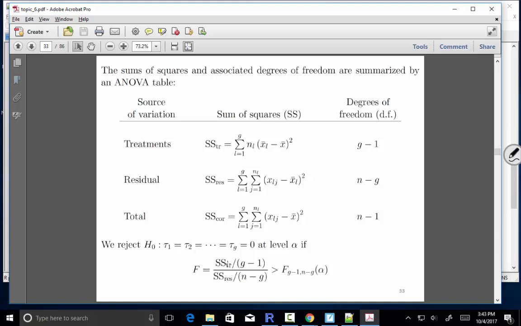You can think of this as like a ratio of the between group variability to the within group variability. Again, going back to the side-by-side box plot picture, that's what ANOVA is all about. How spread out are the boxes relative to how fat are the boxes? So this is your test statistic, and under the null hypothesis, we know what the reference distribution is. It's an F distribution.